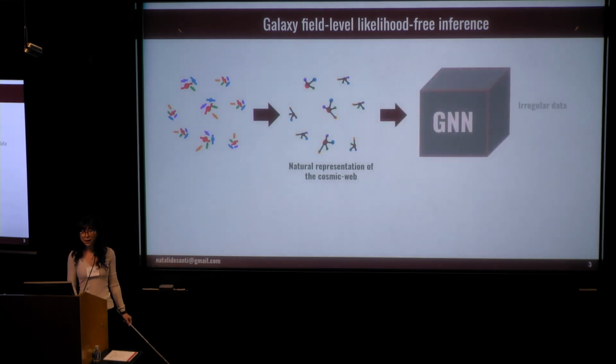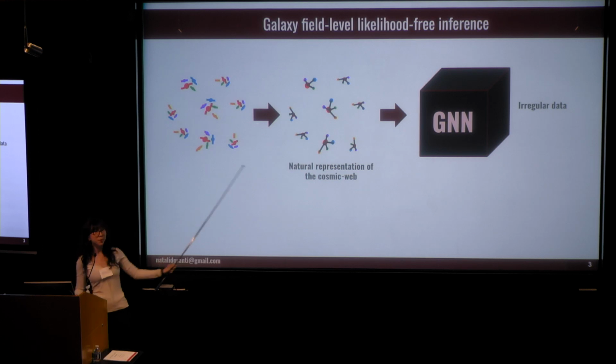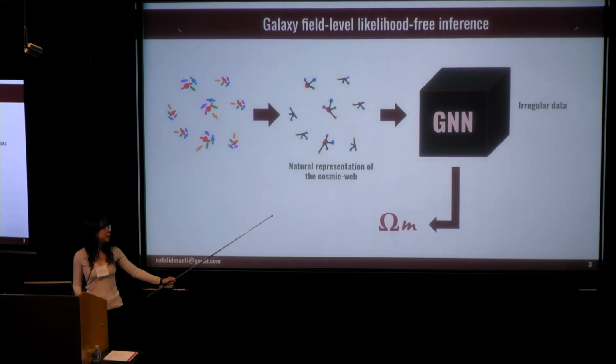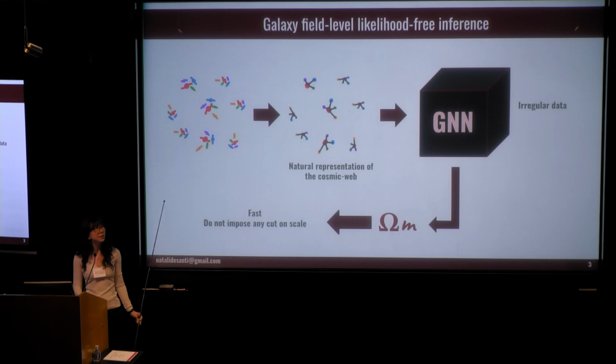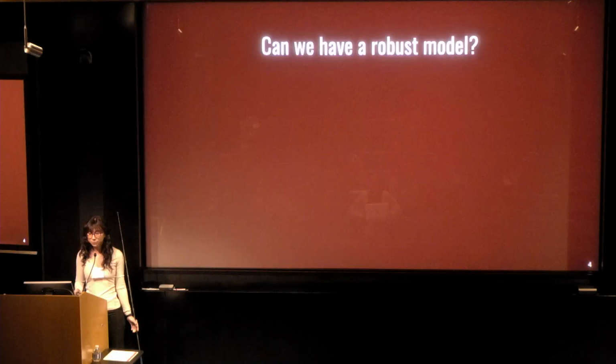Then we feed our machine learning black box, the graph neural networks, which are pretty good at dealing with irregular data, and we estimate Omega matter. This is a really good way to do this because, after having the machine learning model trained, we can obtain estimates for Omega matter really fast, and we do not have to impose any cutoff scale.